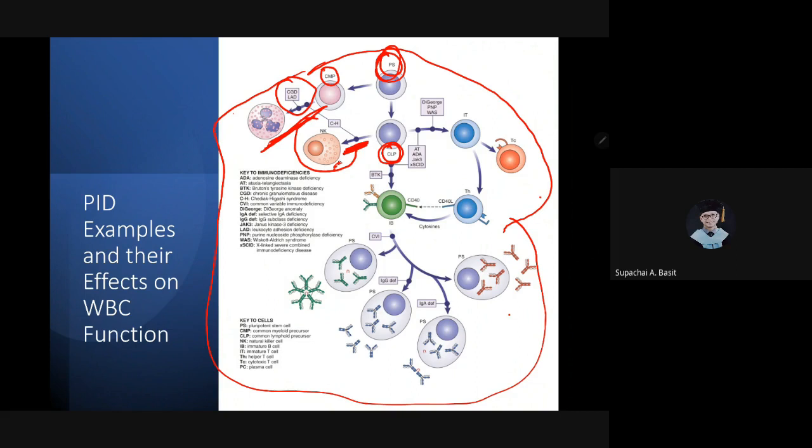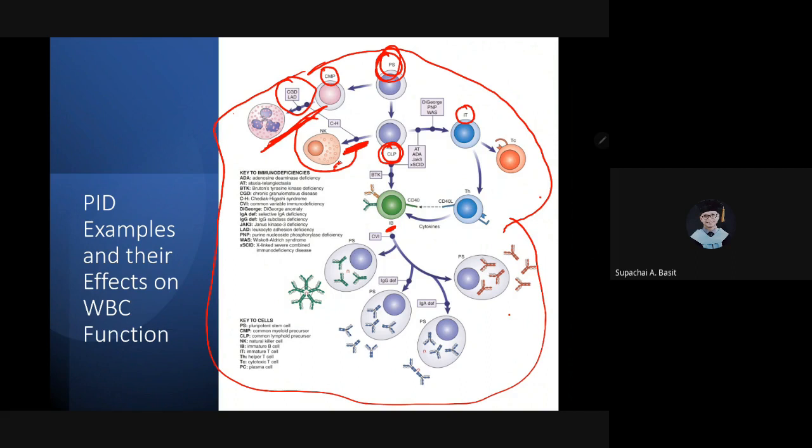Then chances are you might possibly get CHS, or Chediak-Higashi disease. Now let's talk further about the common lymphoid progenitor. The common lymphoid progenitor could give rise to immature B cells and immature T cells.